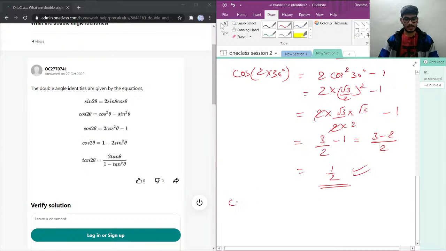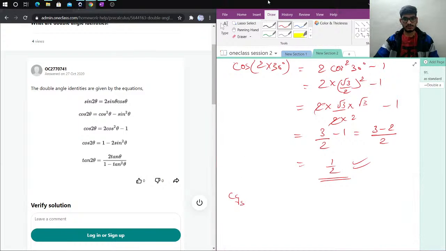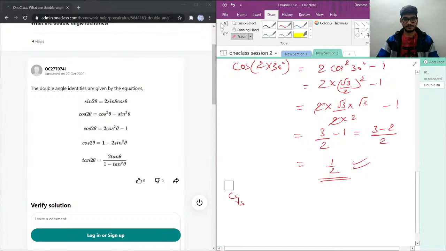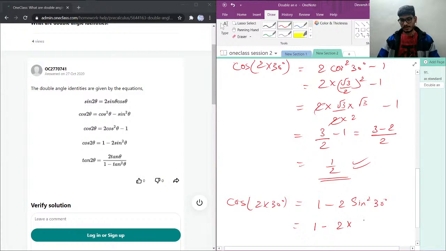So now we are going to move for the third identity, which is 1 minus 2 times sine square of 30 degree. 1 minus 2 times 1 over 2 into 1 over 2.